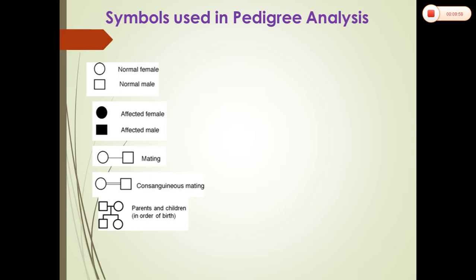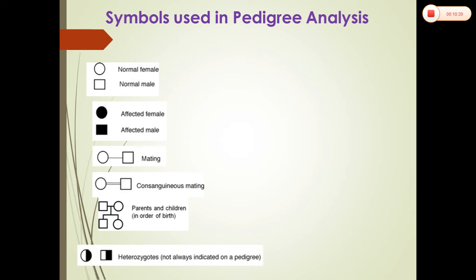That square is the son, and the circle is the daughter, the second child. So parents and their children are shown by a vertical line from the horizontal line between parents, and then the order of birth. The first child is always on the left side of your pedigree. In this case, the son is first and the daughter is the second child.